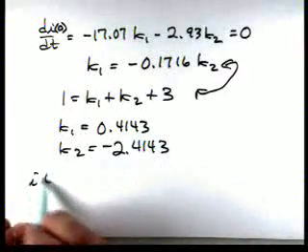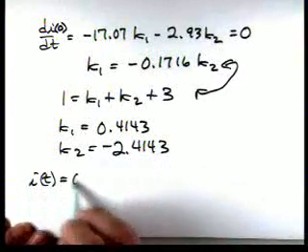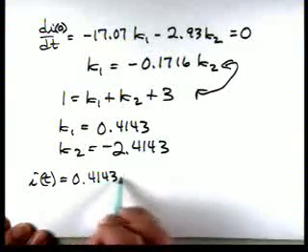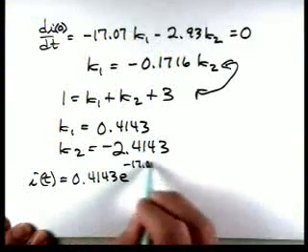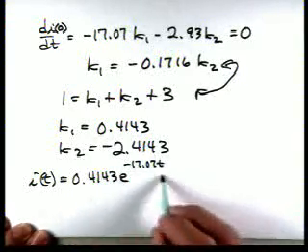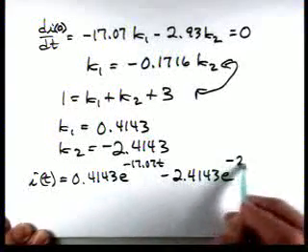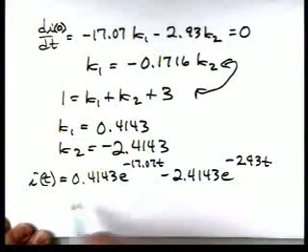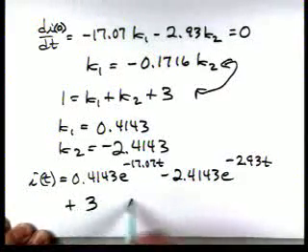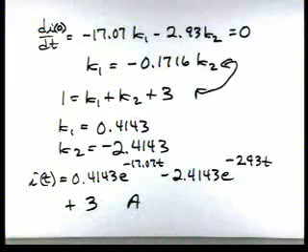So our solution is 0.4143 e to the minus 17.07 t minus 2.4143 e to the minus 2.93 t plus 3 amps. And I think if you check the initial condition, that's going to give you the initial condition of 1.